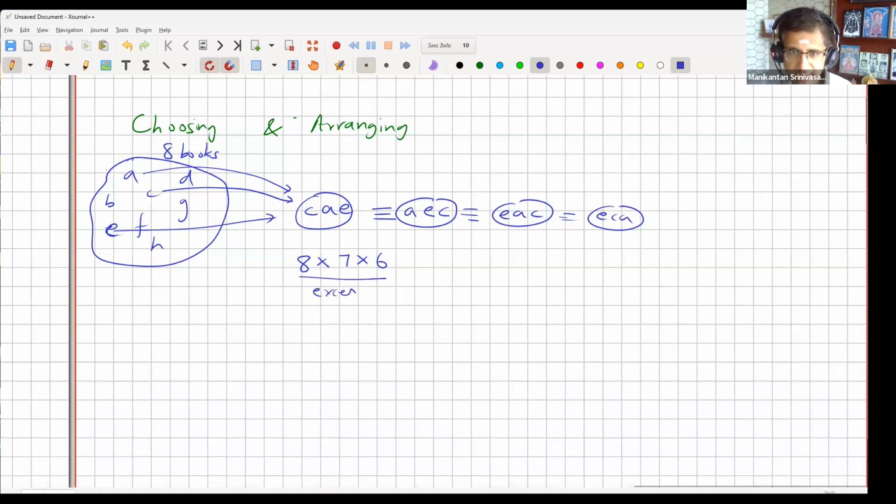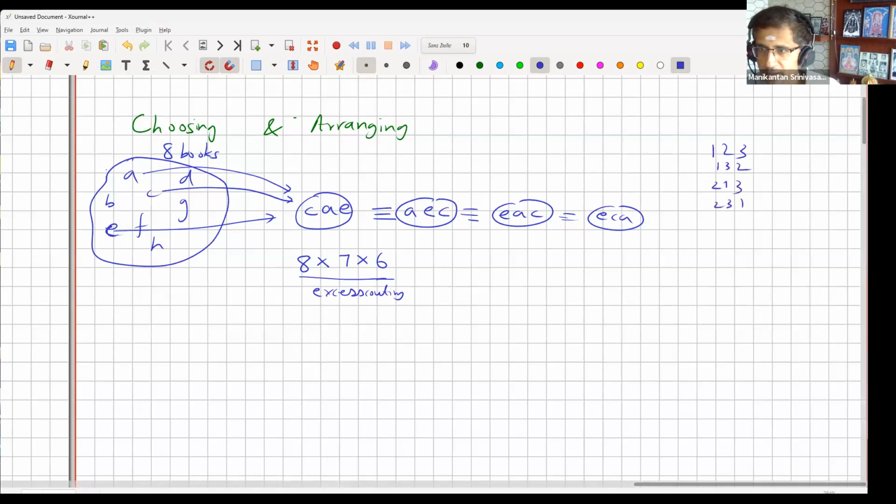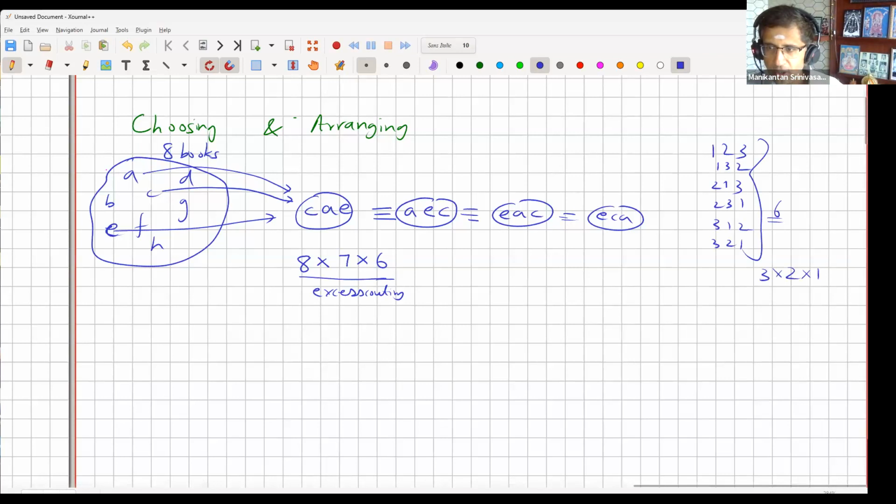How much am I excess counting by? The number of times in which I can arrange A, C, and E. You can think of it as 1, 2, and 3. So it could be 1, 3, 2; 2, 1, 3; 2, 3, 1; 3, 1, 2; 3, 2, 1. So you can see that there are 6 ways. How are we getting the 6? It's 3 into 2 into 1. Let's say this is A, C, E only.